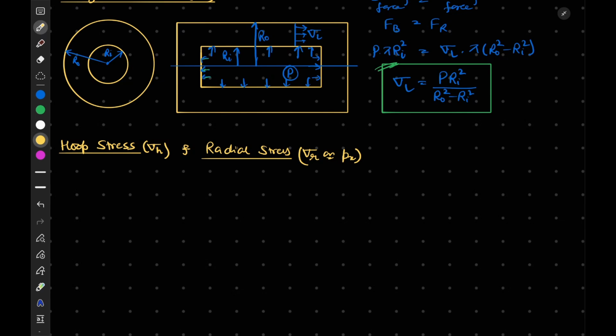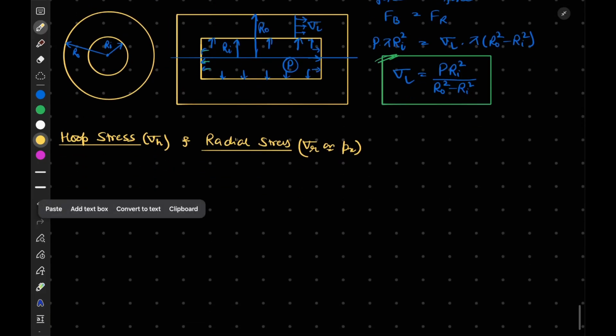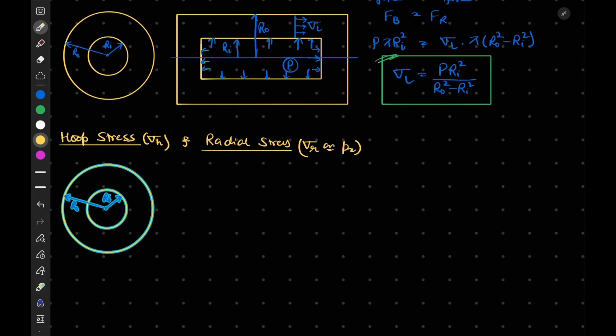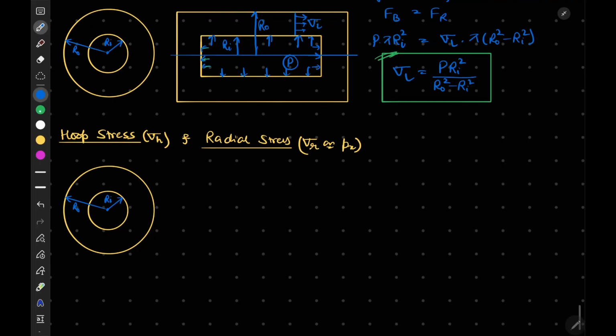So for this, let's consider a concentric circle, and we will select an element or a plane at a distance x.